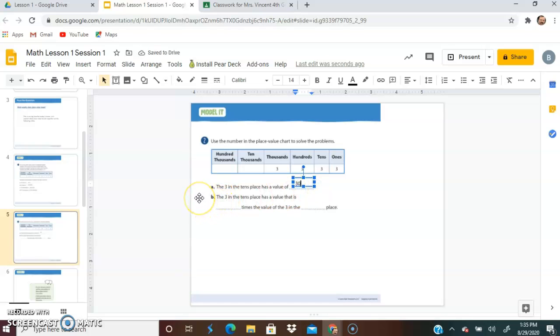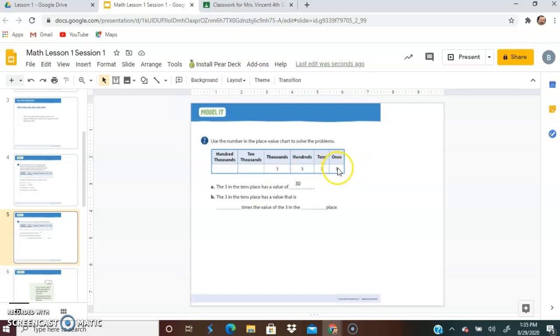The 3 in the tens place has a value that is blank times the value of the 3 in the blank place. Every time that we go one place value to the left, the values are 10 times as great.